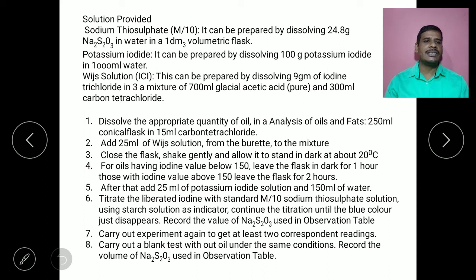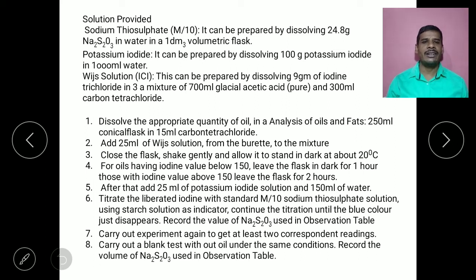Especially, this reaction should be carried out in the dark, because if light falls on the reaction it will affect it, hence this reaction should be carried out in the dark.